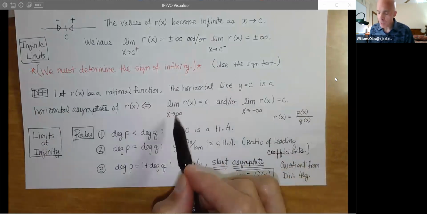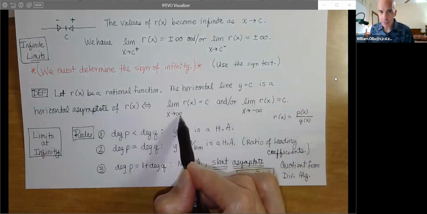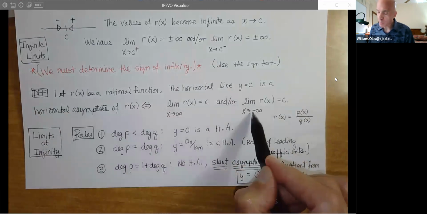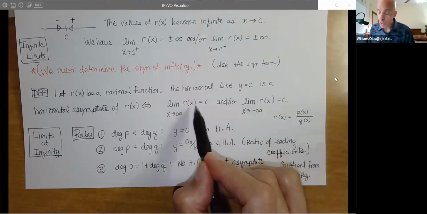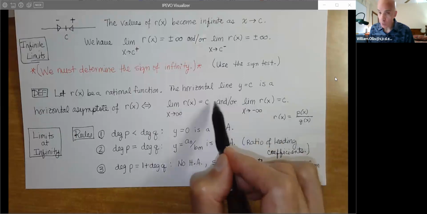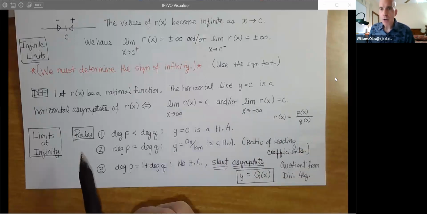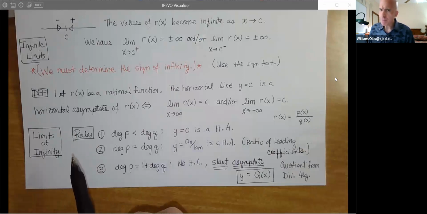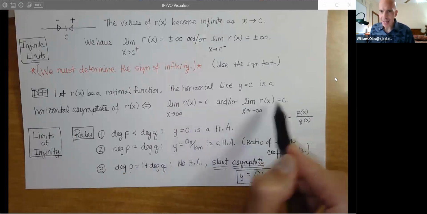What that means is that as x becomes infinite, like we're doing in end behavior, or x becomes infinitesimally small, the function values approach the c here. So you're thinking, okay, that's kind of different from the end behavior, because here we're getting limits at infinity that are actually finite numbers.